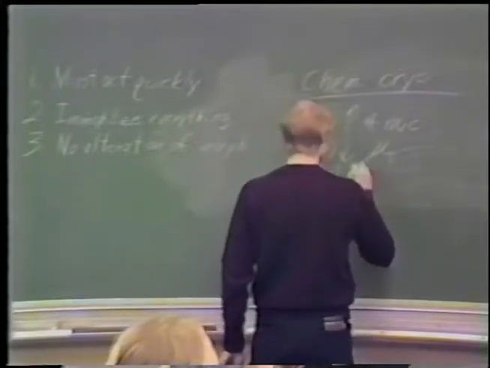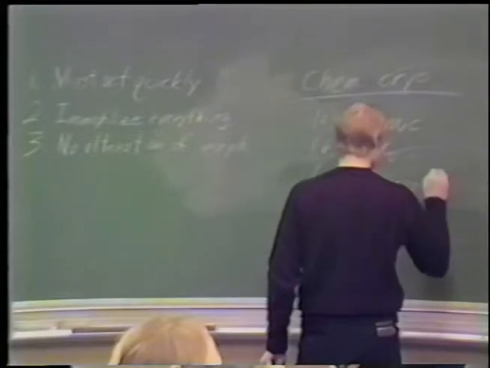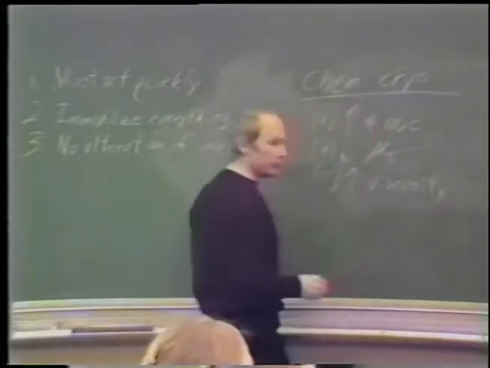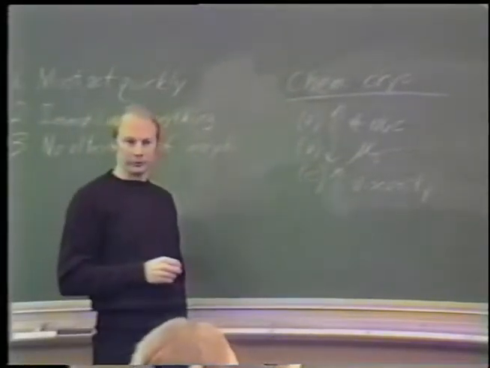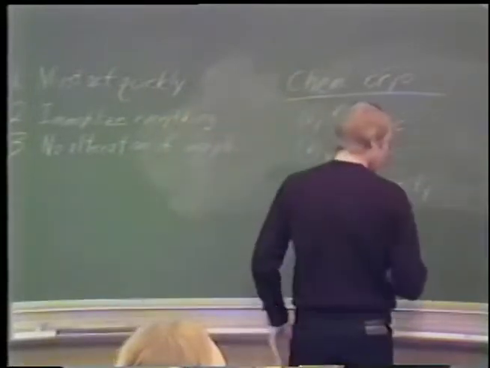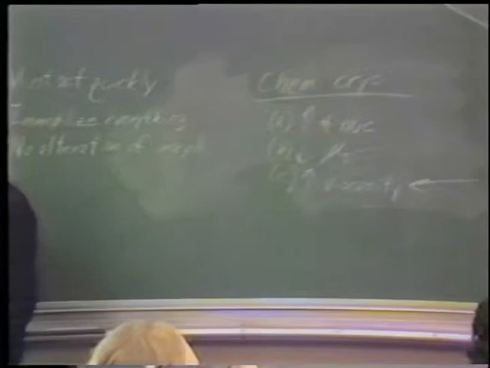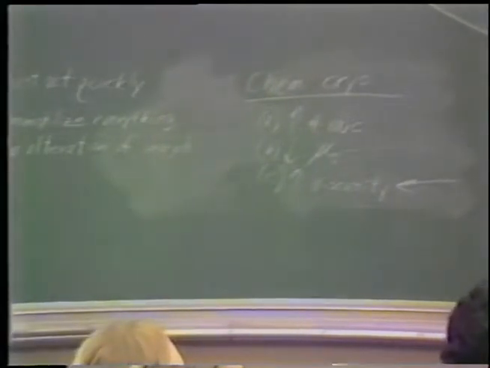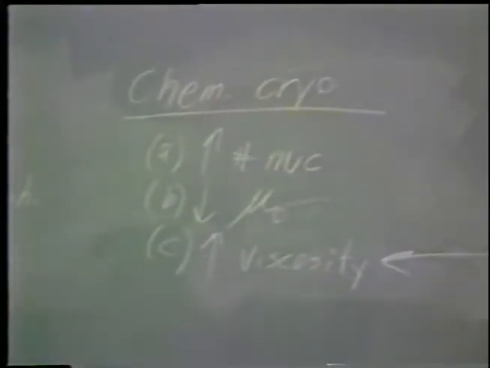The third effect is to increase the viscosity of the medium, the microviscosity. This will also slow the growth of ice crystals onto whatever nuclei are present. It would seem that this is the predominant mechanism. It's the increase in viscosity of the medium that is the primary effect exerted by chemical cryoprotectants in protecting cells from damage during freezing.